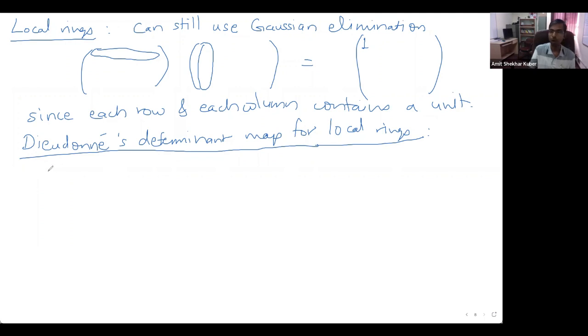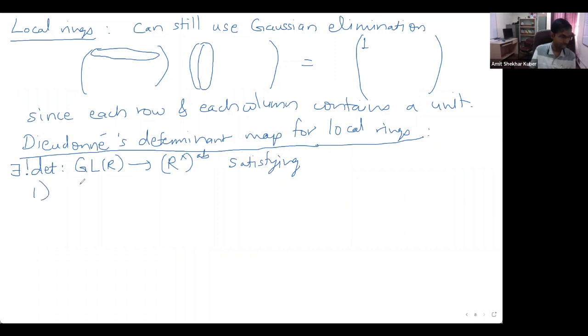And what are the properties? It is a map. So det is a map from GL_n(R), but we don't land inside R cross, the group of units, we land inside its abelianization. So there exists a unique map like this, satisfying the following properties.